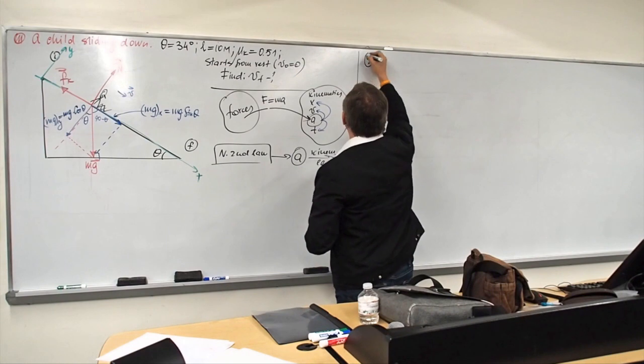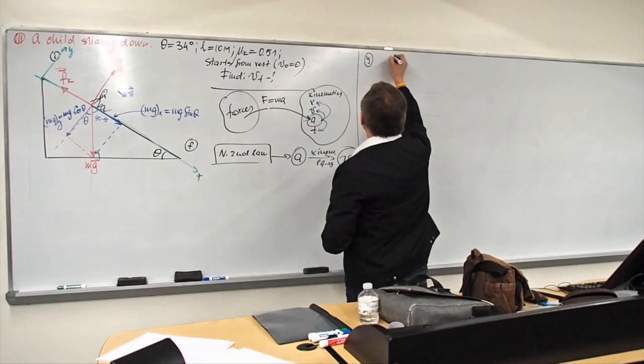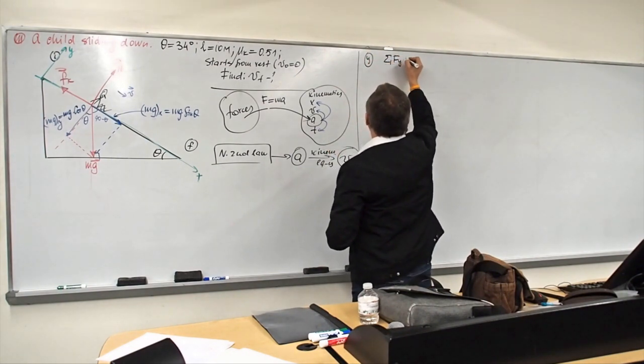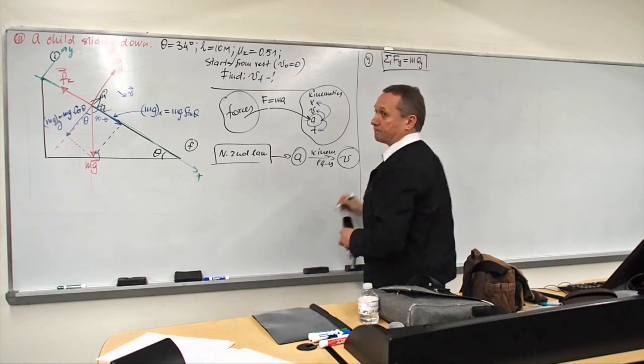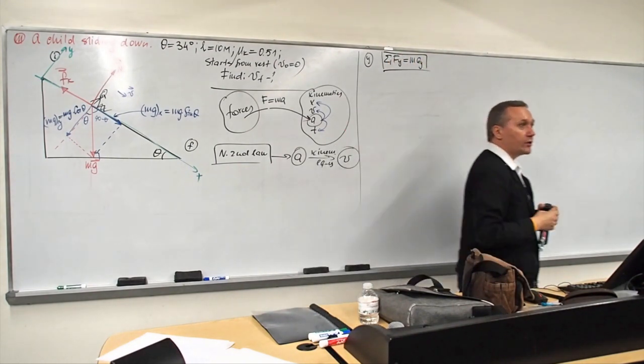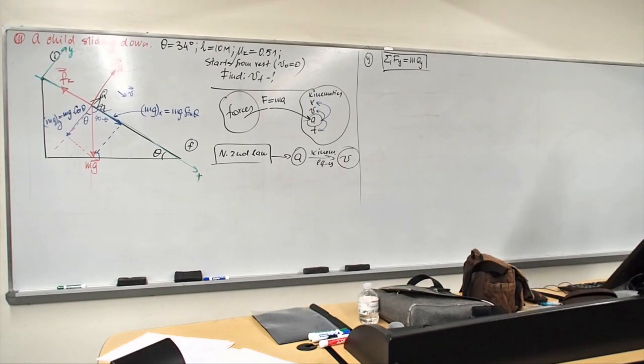So let's start with the y direction. Sum of the forces in the y direction equals mass times acceleration in the y direction. We need to apply that information. We know that the object is going to slide down the incline, so we have to use that piece of information, otherwise we will never be able to find the normal force.